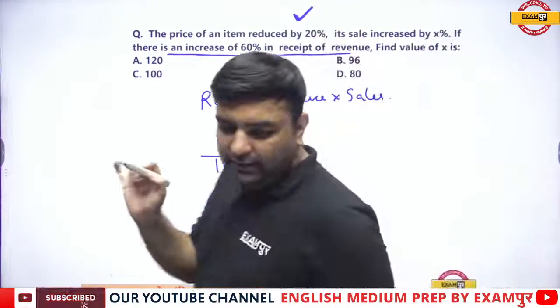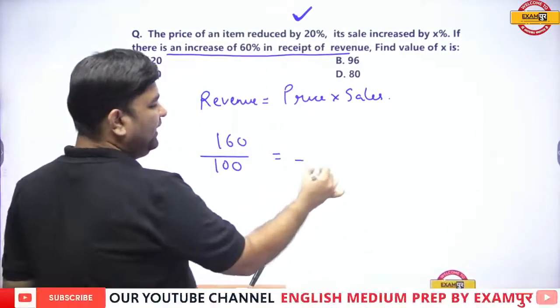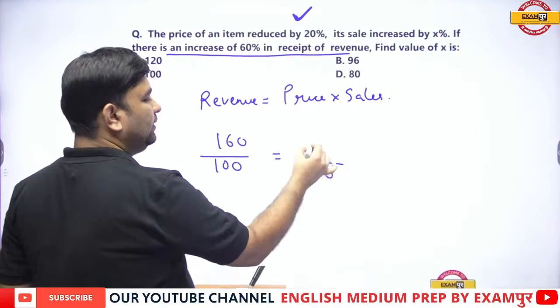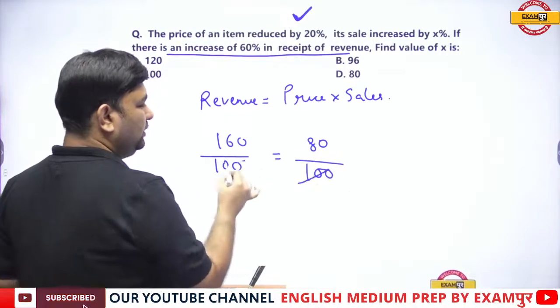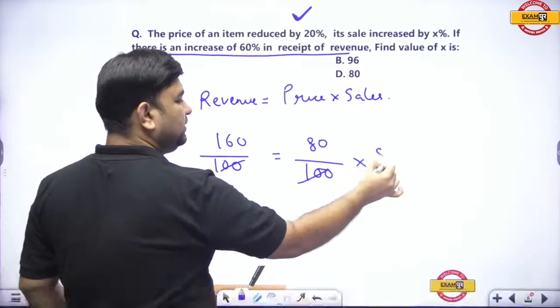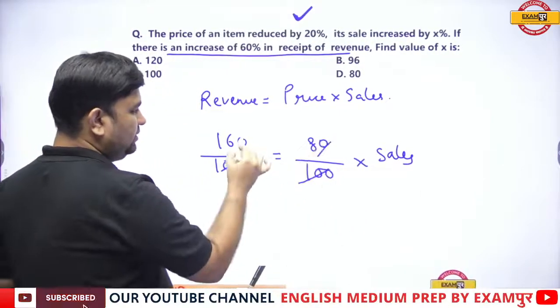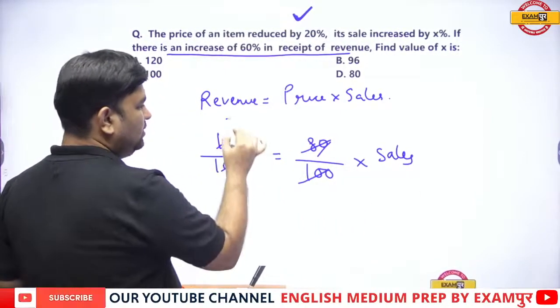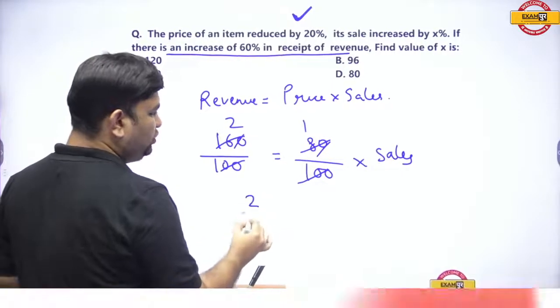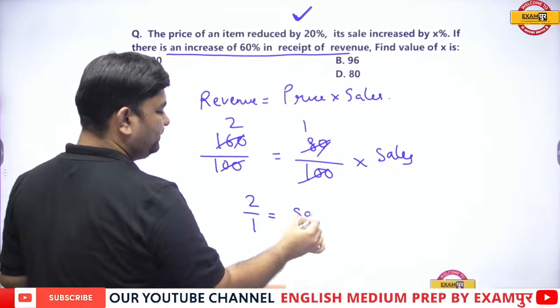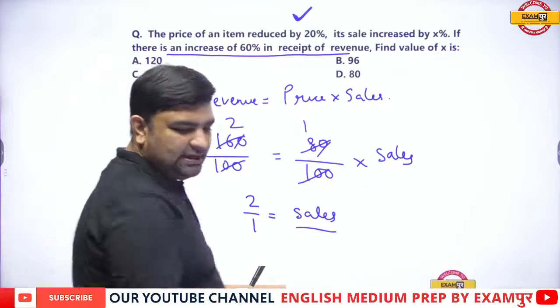From 100, it has become 80. So sales is 160 by 80, that is 2 by 1. So basically sales has become double.